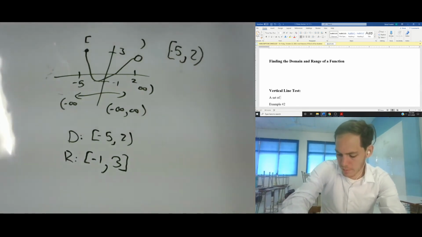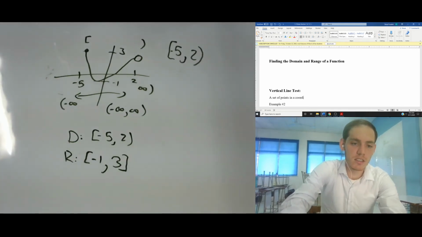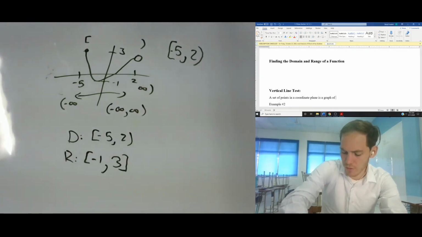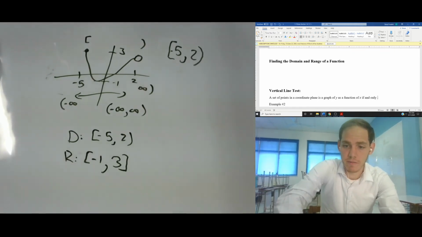A set of points in a coordinate plane is a graph of y as a function of x if and only if no line intersects the graph at more than one point.